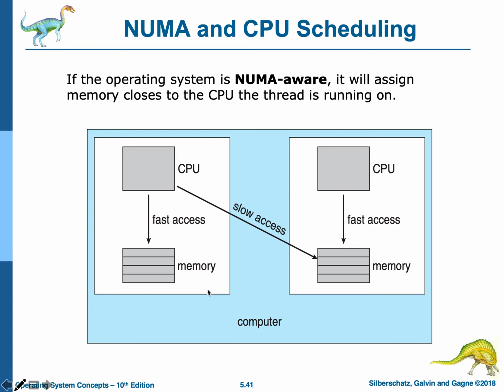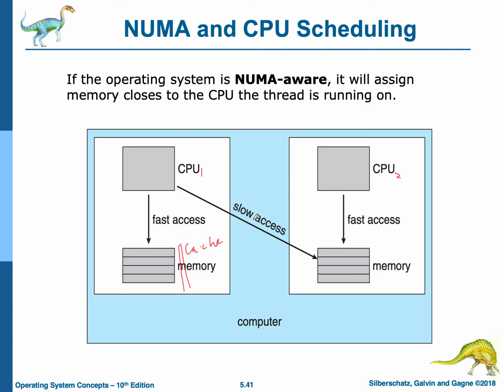Then we have non-uniform memory access and CPU scheduling. In non-uniform memory access, suppose there are two CPU cores, CPU1 and CPU2. When a CPU accesses the memory allocated to this process, maybe its cache, then this access is very fast.